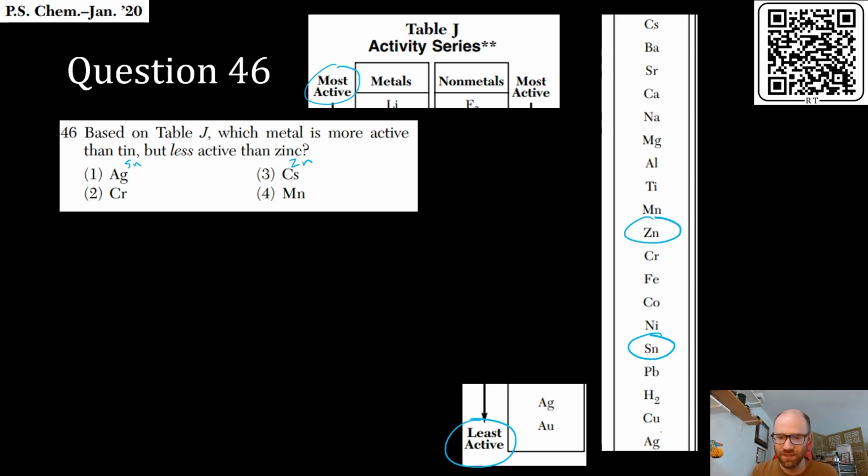And really quick, I'm just going to circle those. Only one of these answer choices is in between the 2 elements given in the question, zinc and tin. And that is our answer. We want more active than tin, so above tin, which already knocks out silver, and less active than zinc, which means you want below zinc, which knocks out cesium and manganese. The only one left is chromium, which is our answer.